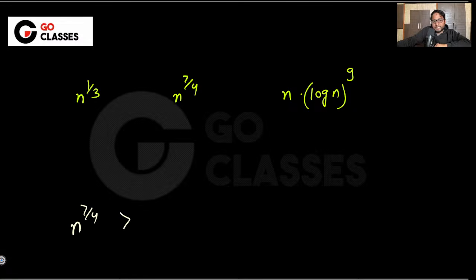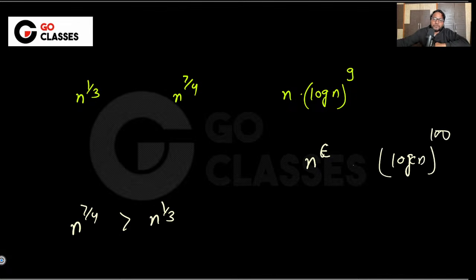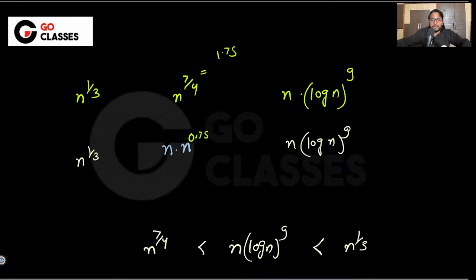And the next concept involved is that n's power any epsilon is actually greater than log n power any bigger power, right? So that's why this particular term, n log n power 9, is even lesser than this n's power 7 by 4, right? So that's why this will come in the between. Okay, so here the symbol is greater symbol.